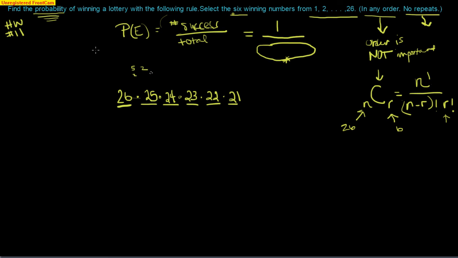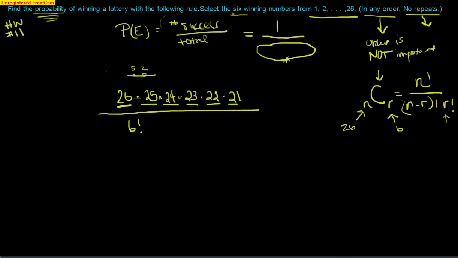But then if you choose the number 2 followed by the number 5, it's going to count that as another way. But we don't want that to count twice because we're told order doesn't matter. If you choose a 5 and a 2, it doesn't matter when you choose them. It just counts as one choice. So that's why we have to divide through all of this by the 6 factorial.